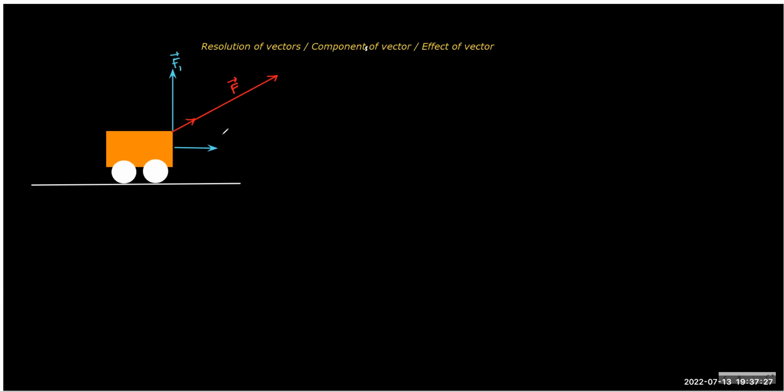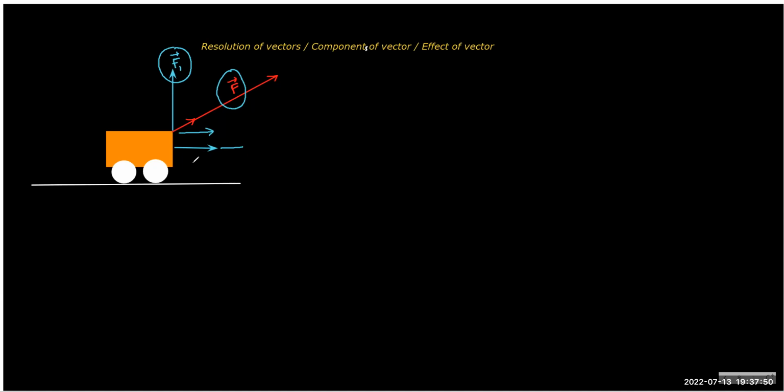So what do you conclude from this simple discussion? That this force is not capable of creating any effect in this direction. Am I right? Whereas this force is creating some effect in this direction. And that effect is actually bringing the motion into the picture.